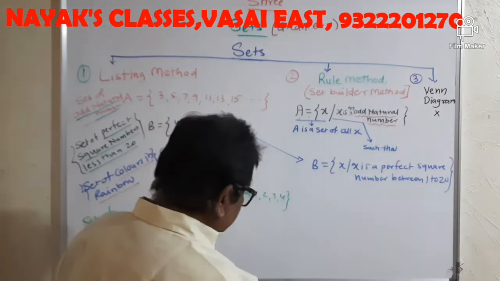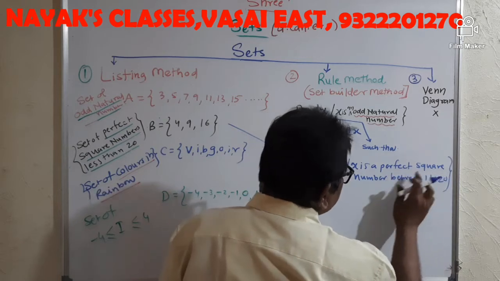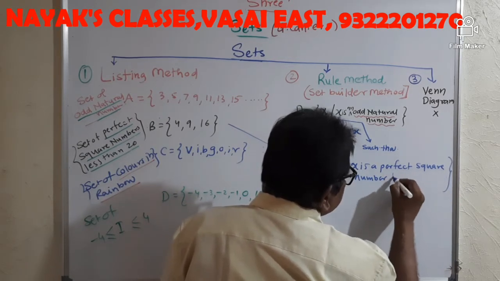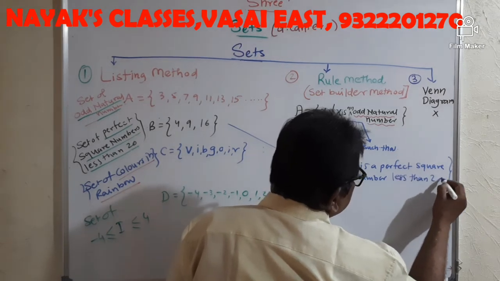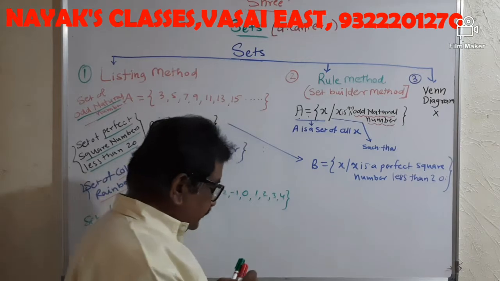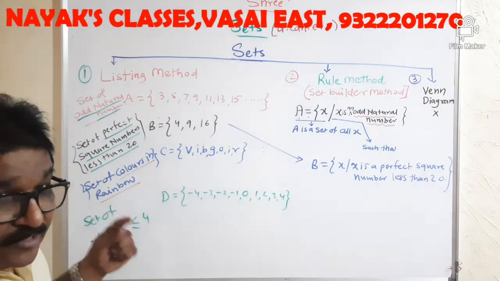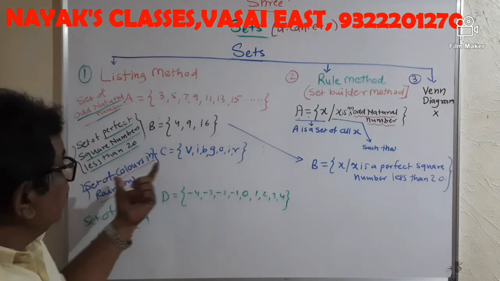Otherwise, you can write less than 20, perfect square number less than 20. Finish. See, the rule is available in the question.